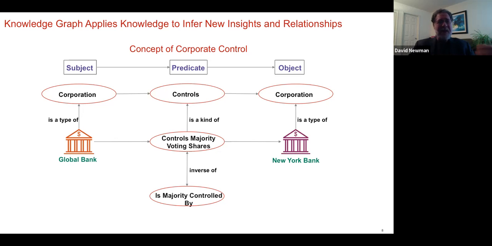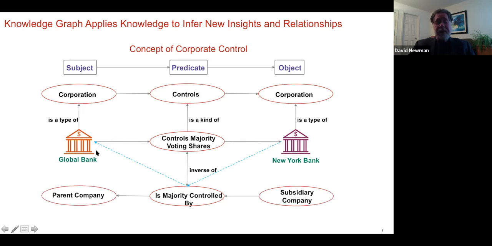And now you can see we're introducing some knowledge into the model by virtue of how we introduce concepts. And then we may be able to say that New York Bank, because it is controlled by global bank, global bank controls the majority voting shares of New York Bank. Therefore, New York Bank is majority controlled by global bank. We could draw that inference.